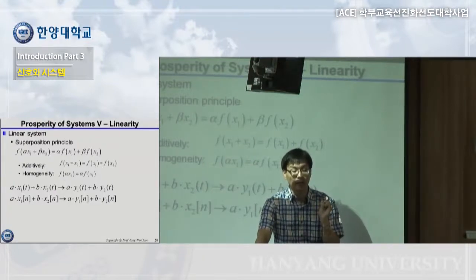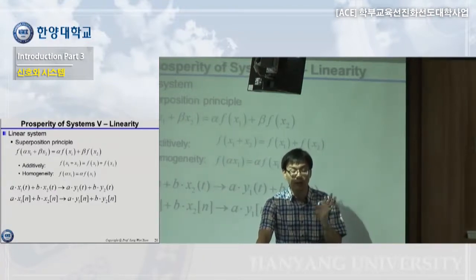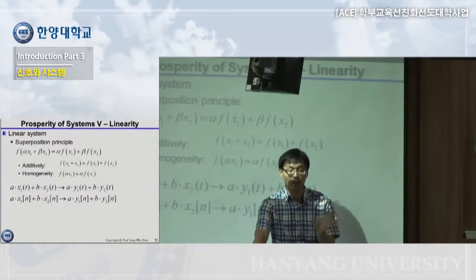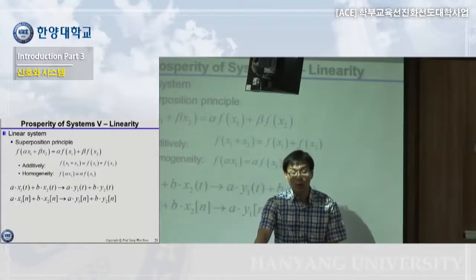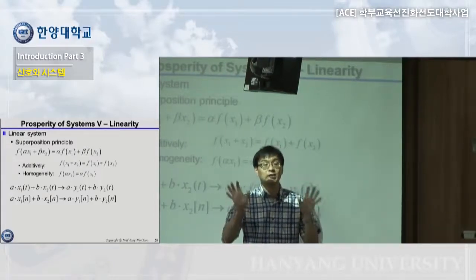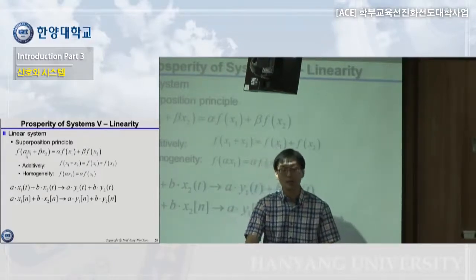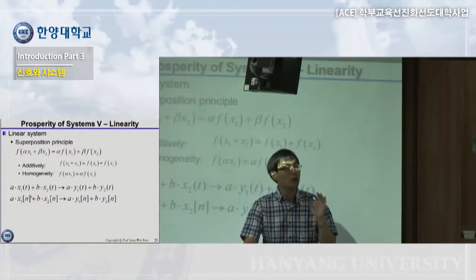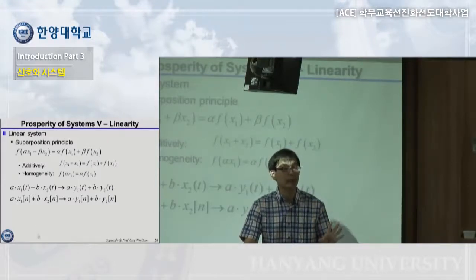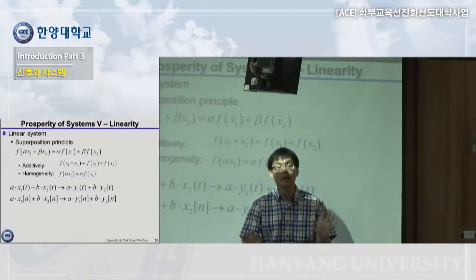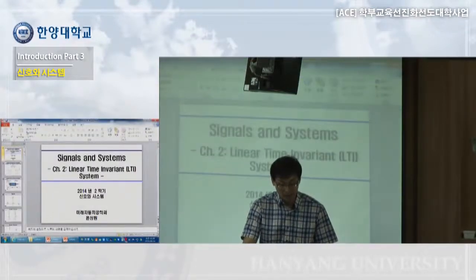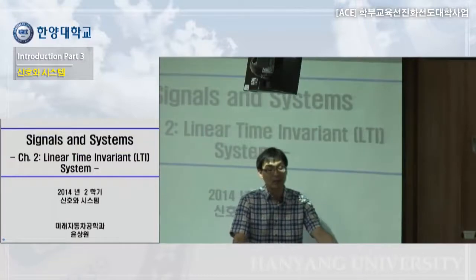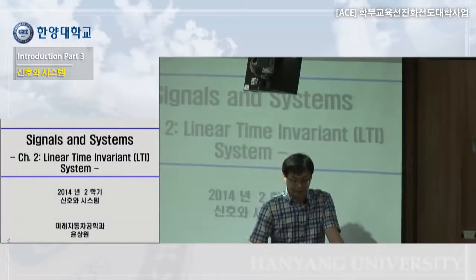Superposition means that when there's A x1 plus B x2 given as an input, the output will be given additively and homogeneously. We now introduce a system called linear plus time invariant. So for the discussion we have in this chapter and probably afterward, we assume that this system is linear and time invariant. So we open the second chapter, linear time invariant systems, in short called LTI systems.